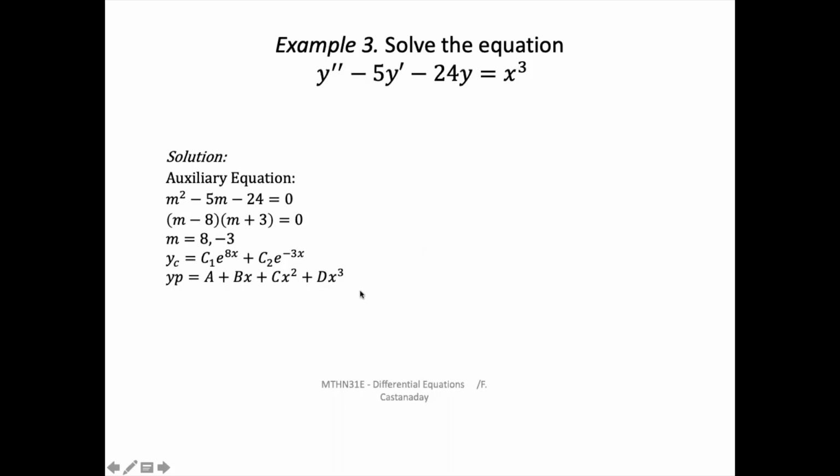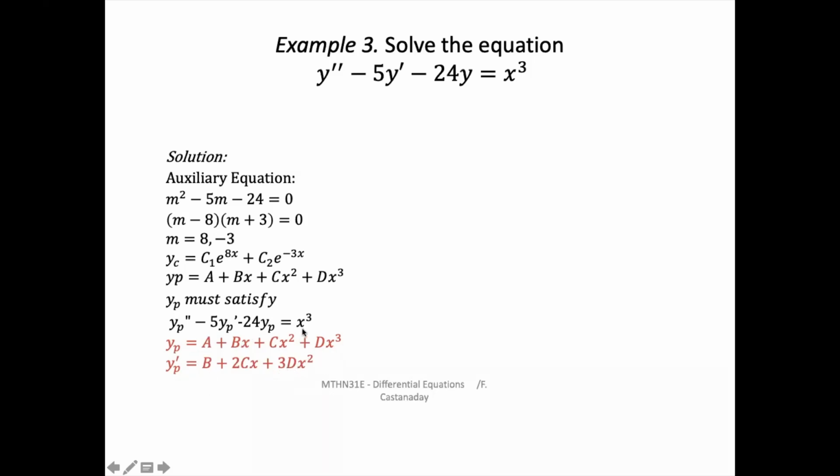The next step is for us to determine these constants. But you have to make sure that y sub b satisfies the given equation. That's why we need to determine the second derivative and the first derivative. So we differentiate y sub b. The first derivative of y sub b is: a is 0, differentiate bx, so just copy b, differentiate cx squared, so you have 2cx, and differentiate dx cubed, you have 3dx squared.